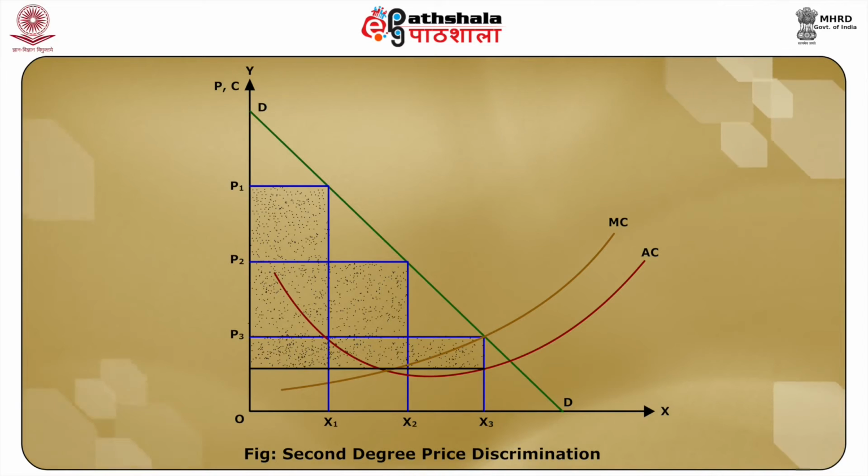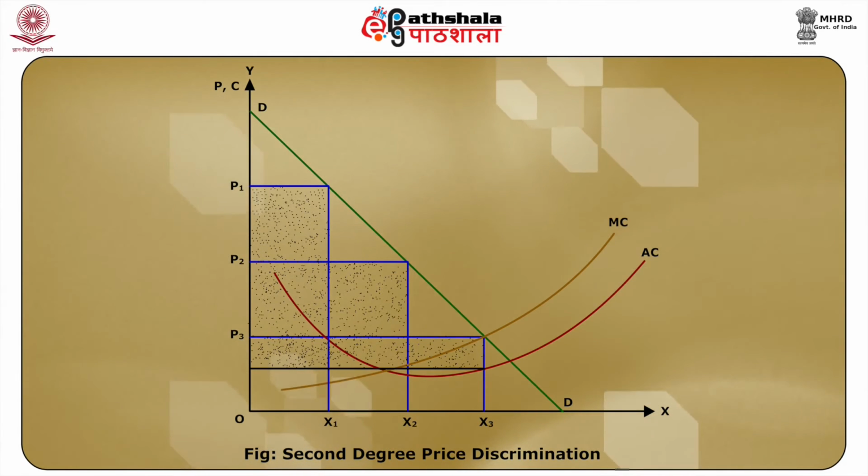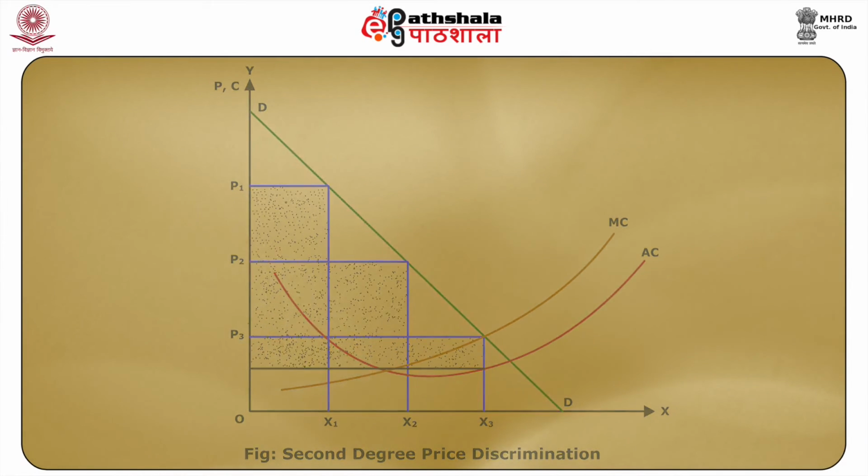This as a result makes the MR curve a step function, as has been observed by the thick line in the figure. The point of intersection between the MC and MR curves is the equilibrium point of the monopolist, where output X3 is produced. The monopolist's profit is demarcated by the dotted area in the figure.